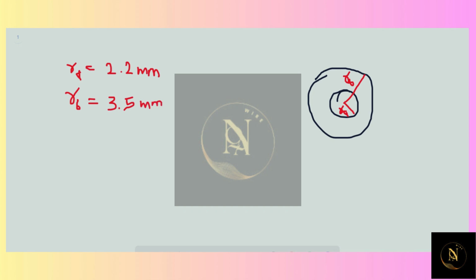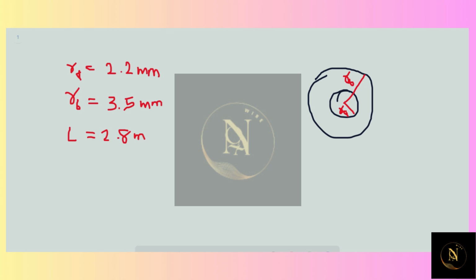The length L of the cylinder is given to be 2.8 meters. With this information, we are required to find the capacitance per unit length of the cylinder.